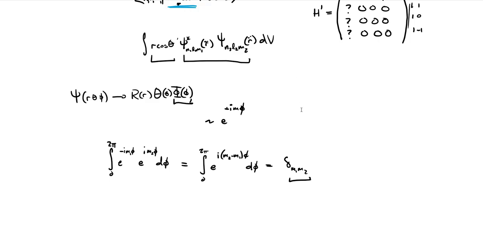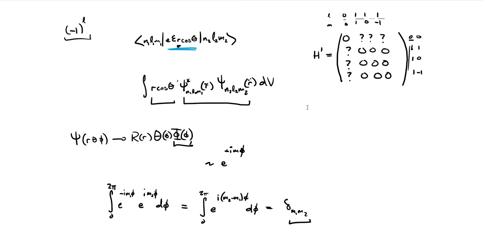So again, if we go back to our perturbation matrix in these spaces, unless we have the m states match, those elements are going to be 0.